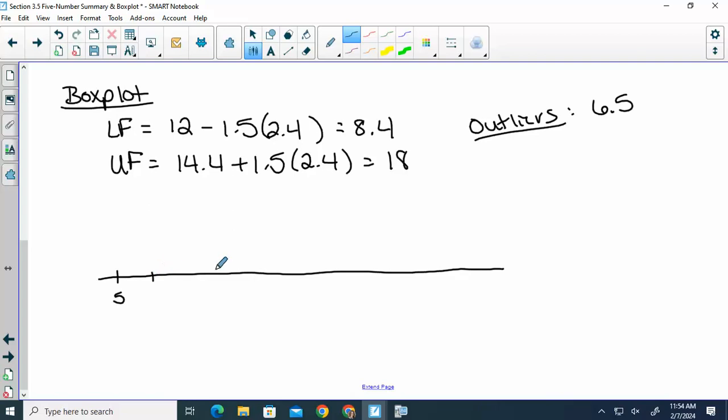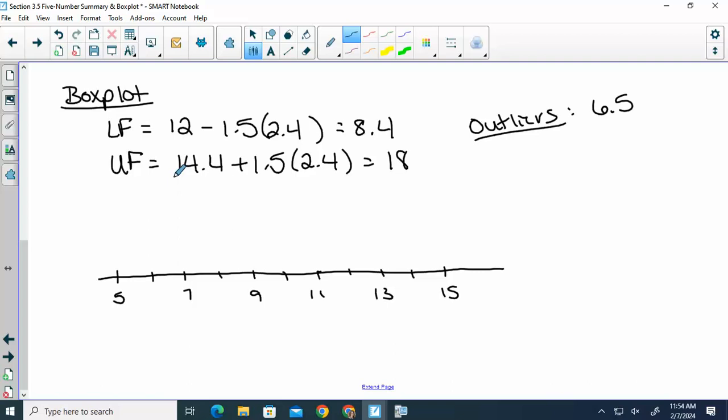And you don't have to label every number, as long as I can see where your graph is beginning.